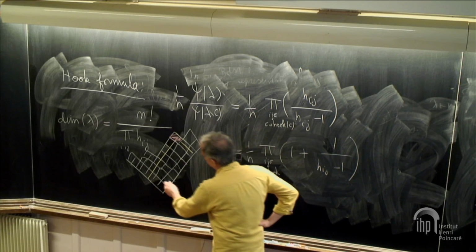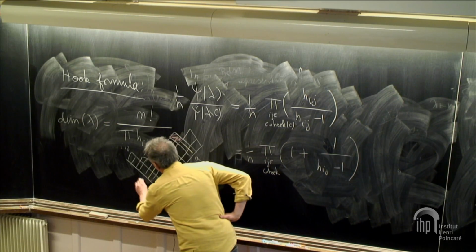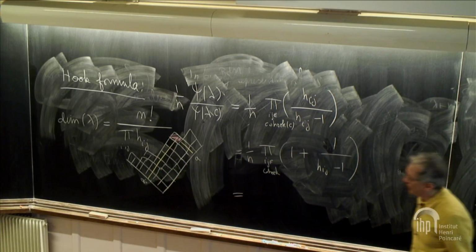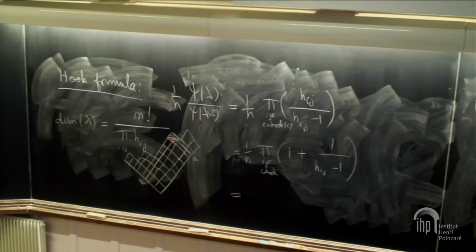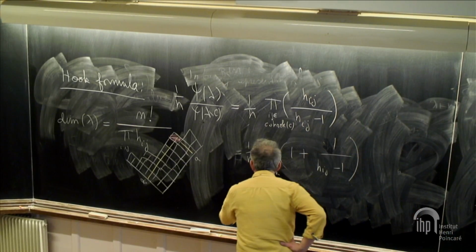So let me call, say, for example, A and B the coordinates of my corner. So this is 1 over n.